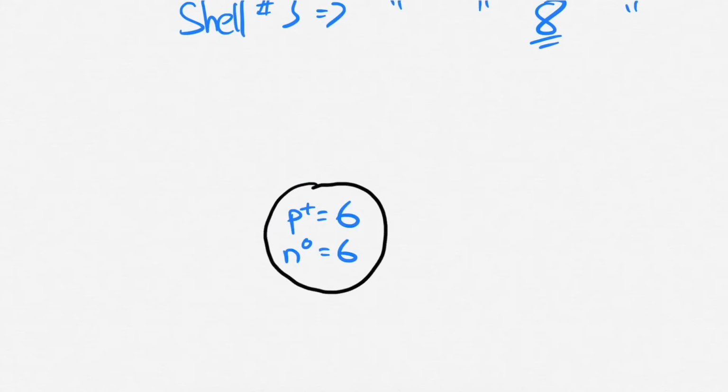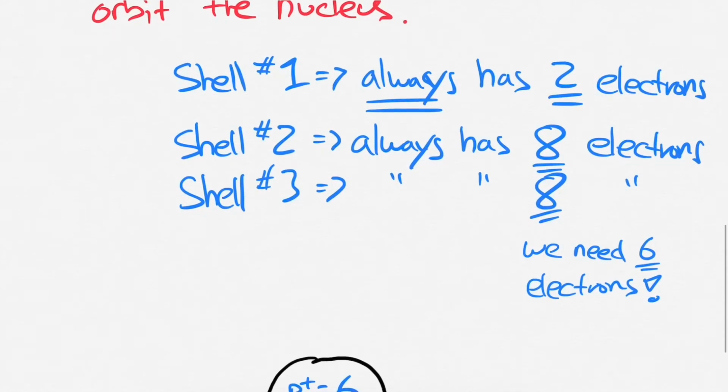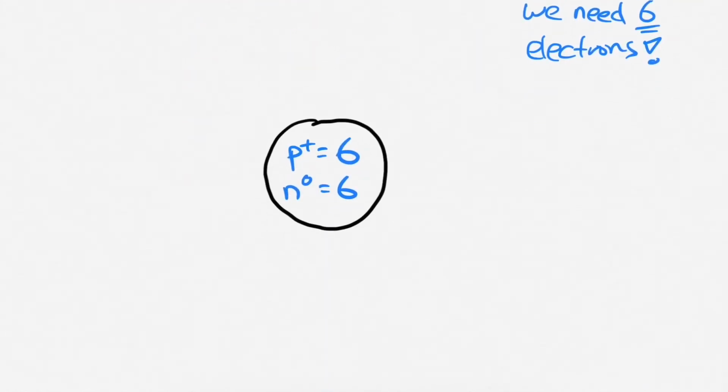There you go. Okay, so we need to fill up 6 electrons. Exclamation point, because we're happy. So the first shell always has 2 electrons. So I'm going to draw this in yellow. Let's draw the first shell here.